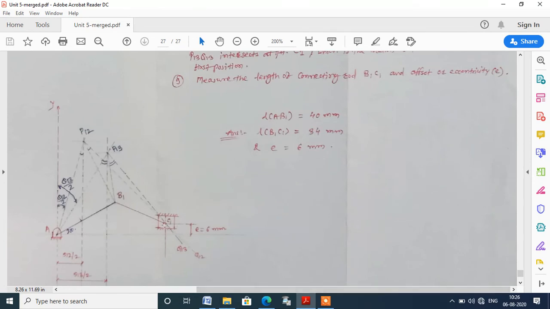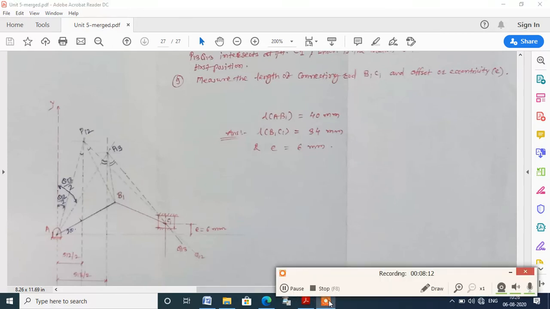Then from C1, draw a parallel line and measure the eccentricity, which comes to about 6 mm. This way you synthesize a slider crank mechanism by the relative pole method. The same method we will apply for the 4 bar mechanism, which we will see in the next class.